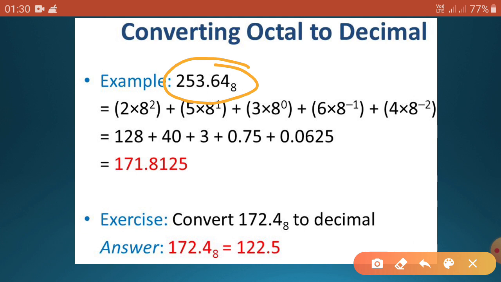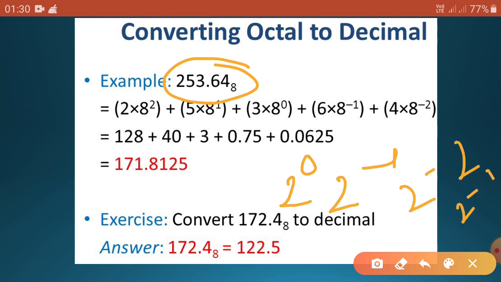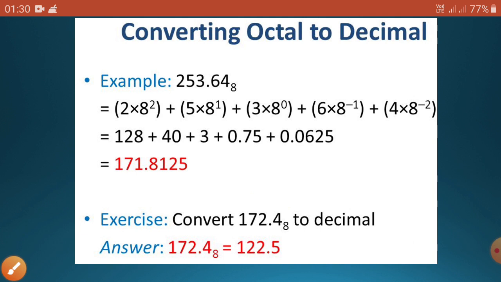We know for binary it is to the power 0. On the right side it will be to the power minus 1, then to the power minus 2, then to the power minus 3, and on the left side it is to the power 1, to the power 2, to the power 3, and so on. It is the same for octal.